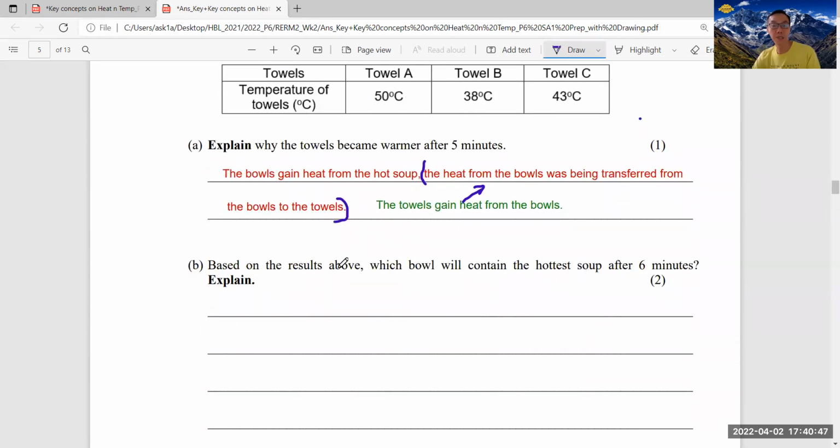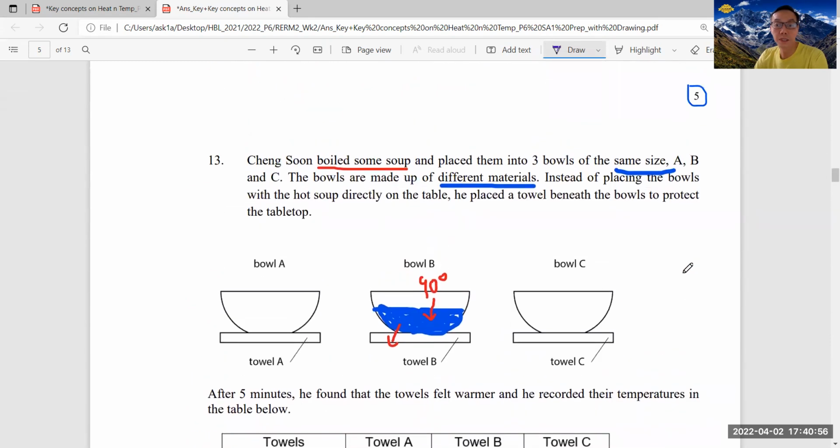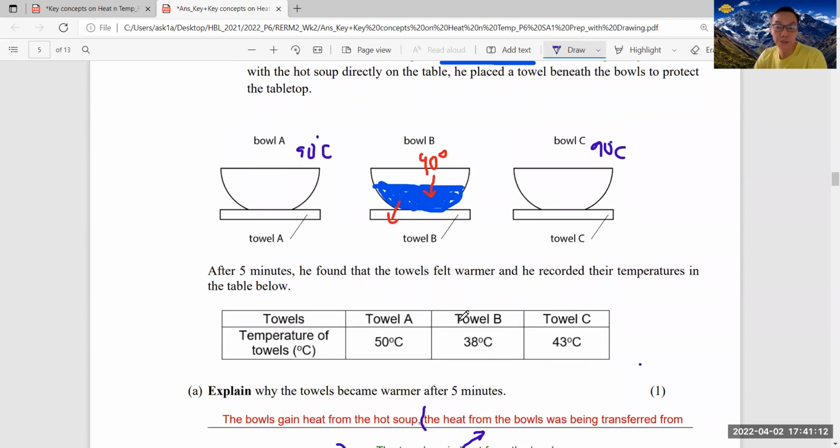Okay, based on the above result, which bowl will contain the hottest soup after 6 minutes? So we must have one condition. That means the temperature of the soup in all 3 bowls must be the same. So we can annotate this. Okay, so we look at here. Towel B, the temperature is lowest, correct?